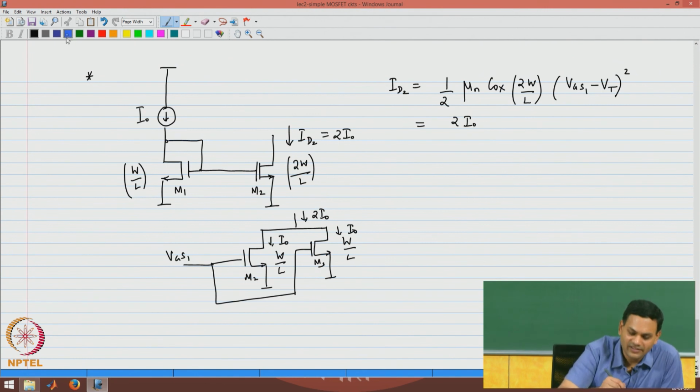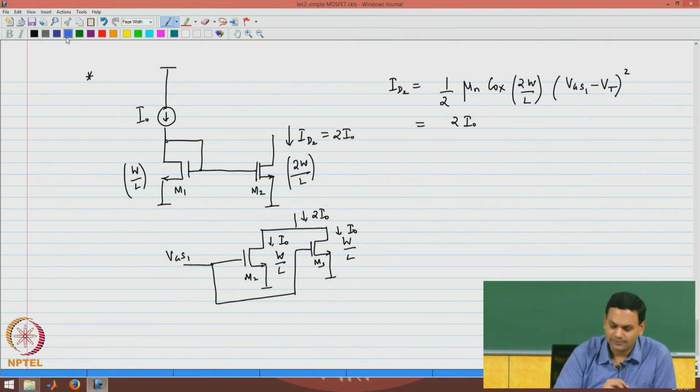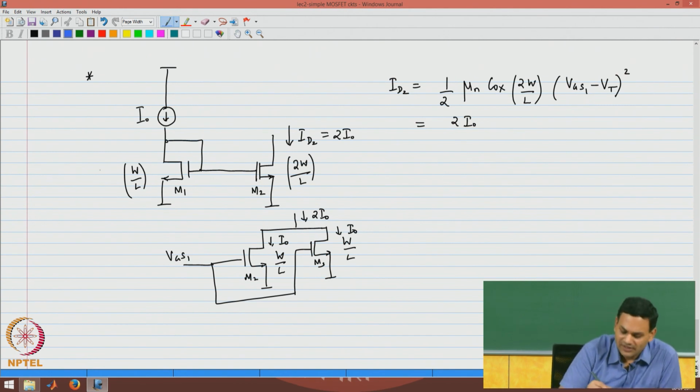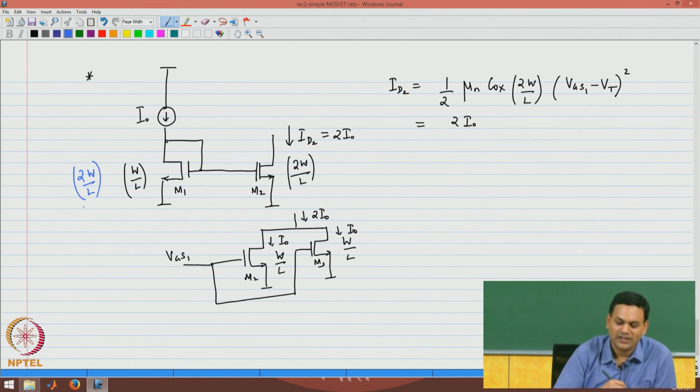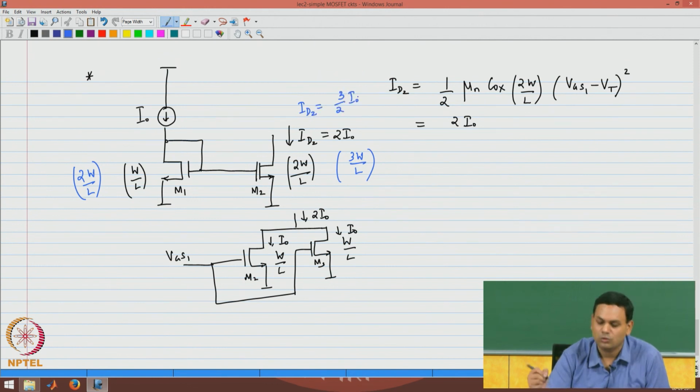Now, the last thing is that we can also generate fractional currents. I am going to show this on the same diagram in blue color. If I want ID2 to be equal to 3 by 2 I0, then all I have to do is use a width 2W for M1 and a width 3W for M2, then ID2 becomes 3 by 2 I0.